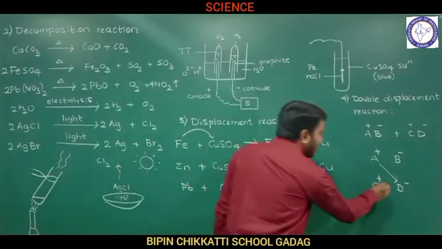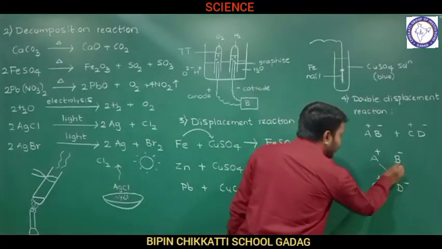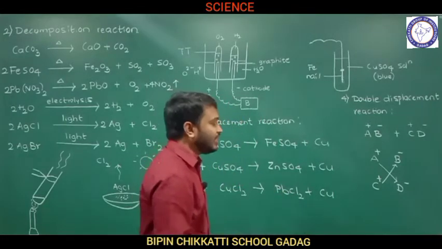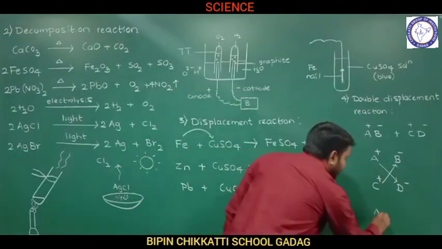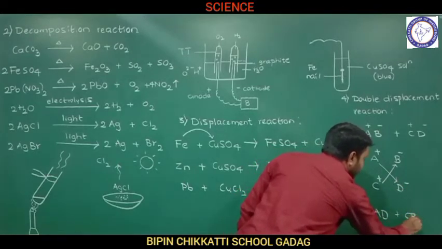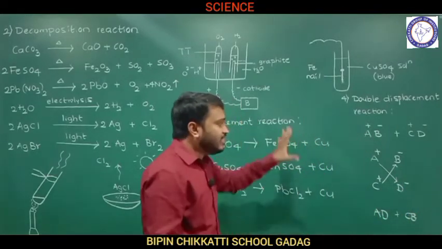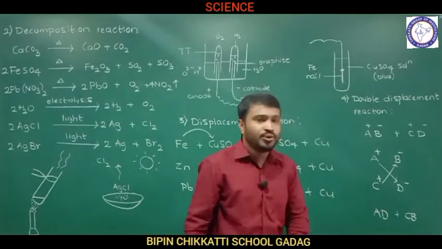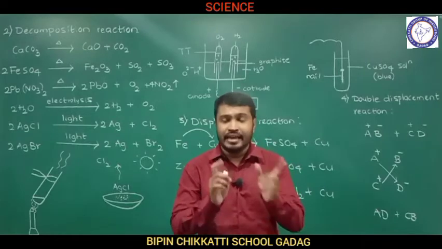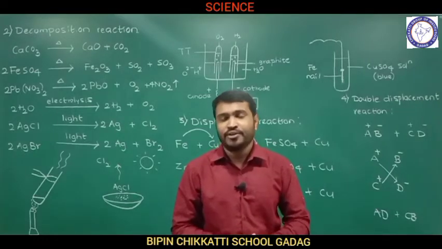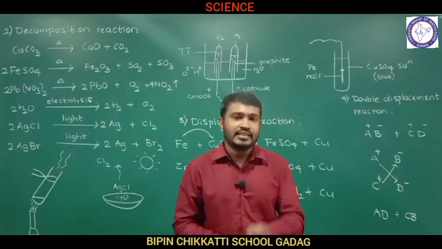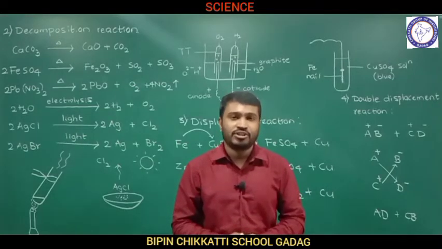Similarly, the cation of the other reactant is going to link with the anion of the first, and the products we are going to get are AD and CB. So this is how, in general, the exchange of ions takes place, and any reaction in which there is exchange of ions between the reacting species, we call a double displacement reaction.